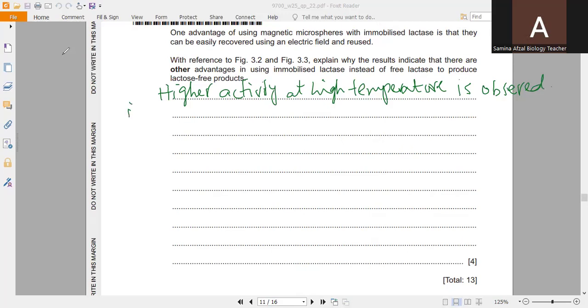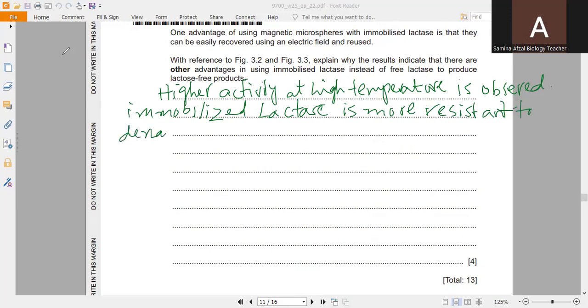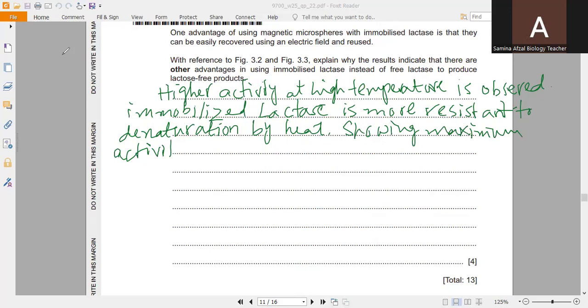It is observed immobilized lactase is more resistant to denaturation by heat, showing maximum activity than other enzymes.